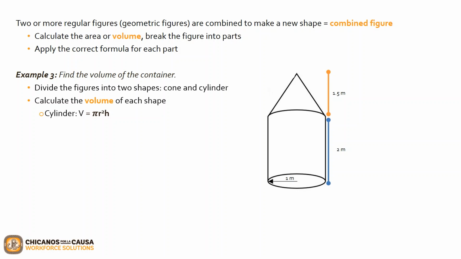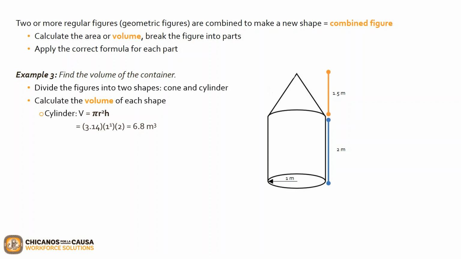So we're going to replace the variables with the values. In this case, we already know that pi is 3.14 times the radius. The diagram is showing us that the radius is 1 meter, and so it's going to be 1 meter squared. And then the height. We're only looking at the height of the cylinder, not the height of the entire object.